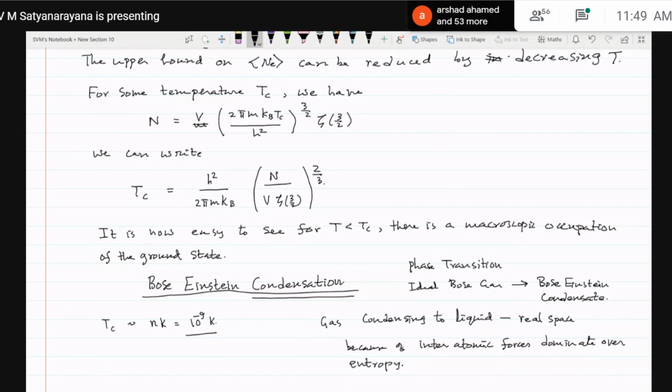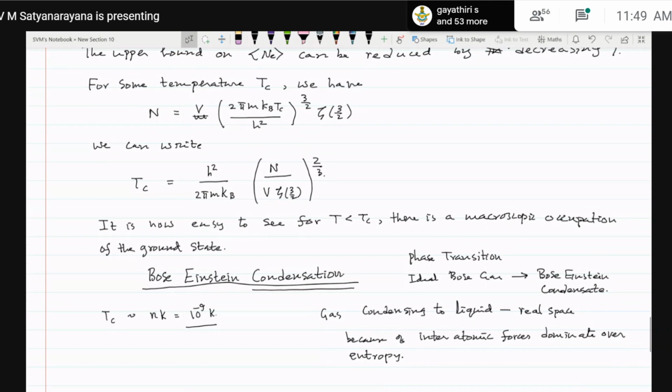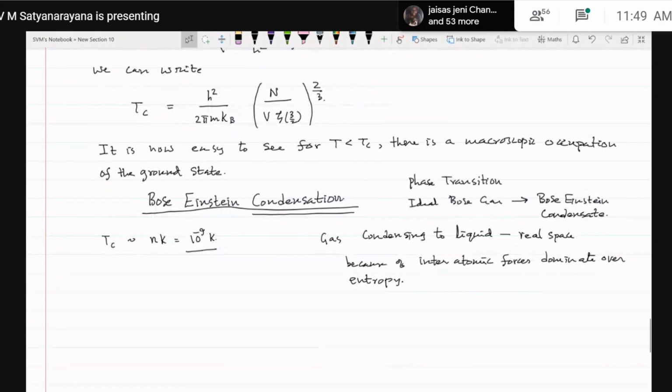Bose-Einstein condensation is a very unique example, where the origin of this BEC is completely quantum mechanical.